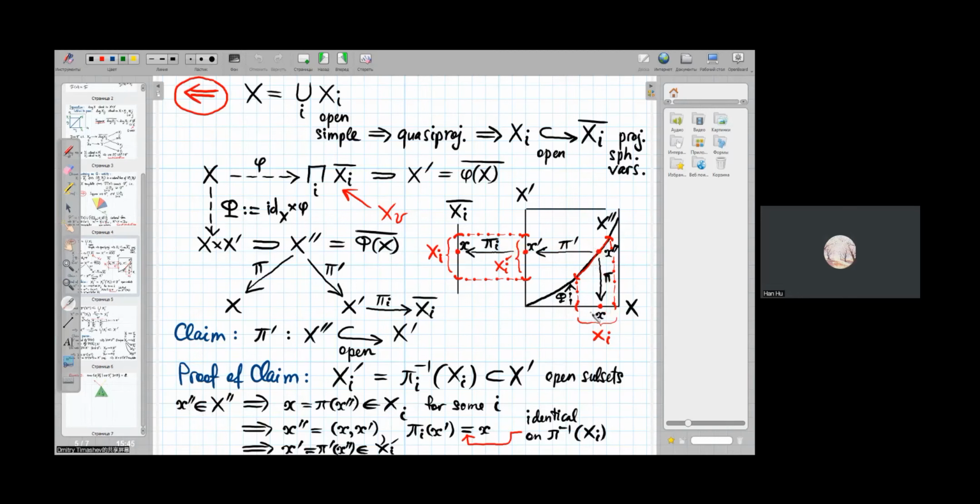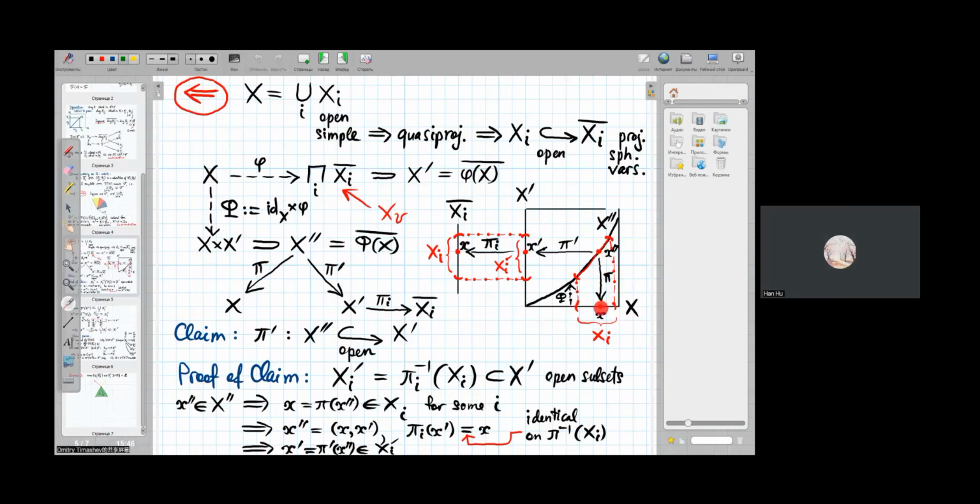So this projection is not surjective, you mean? Well, actually, the projection is surjective because x prime is projective. x prime is complete, and x double prime is closed in this product. This is a property of complete varieties, that the projection along a complete variety maps closed sets to closed sets. Yes, I mean, this is the definition of completeness. Exactly.